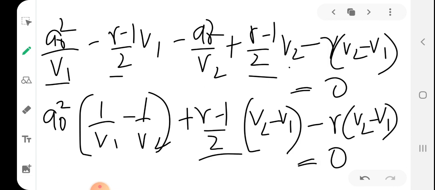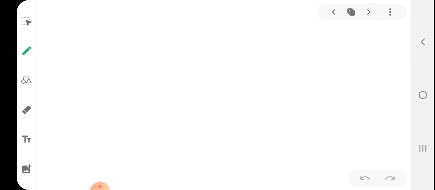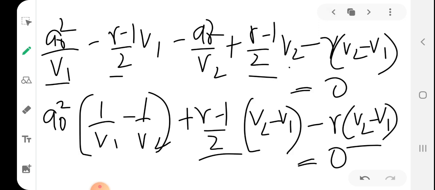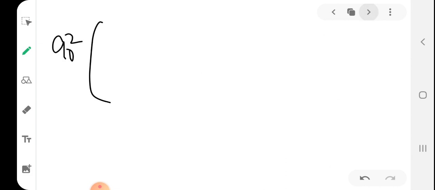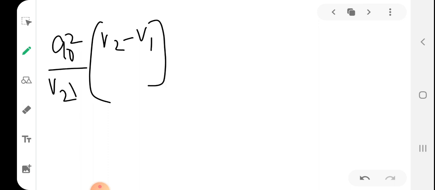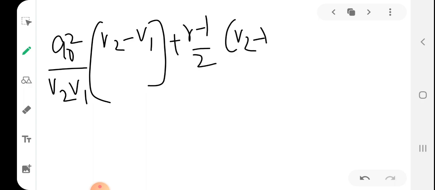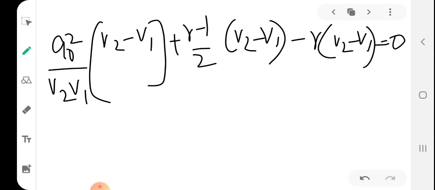Okay. So for these terms V2 minus V1 is common, right? A0 square (1 by V1 minus 1 by V2) is nothing but (V2 minus V1) by V1 V2. So V2 minus V1 is there, and V1 V2 is in the denominator, plus (gamma minus 1) by 2 (V2 minus V1), and minus gamma (V2 minus V1) is equal to 0.